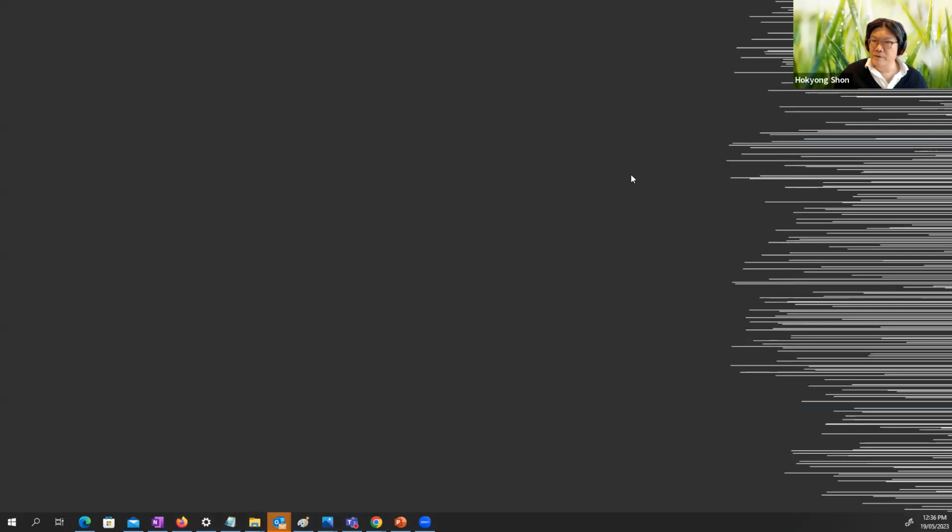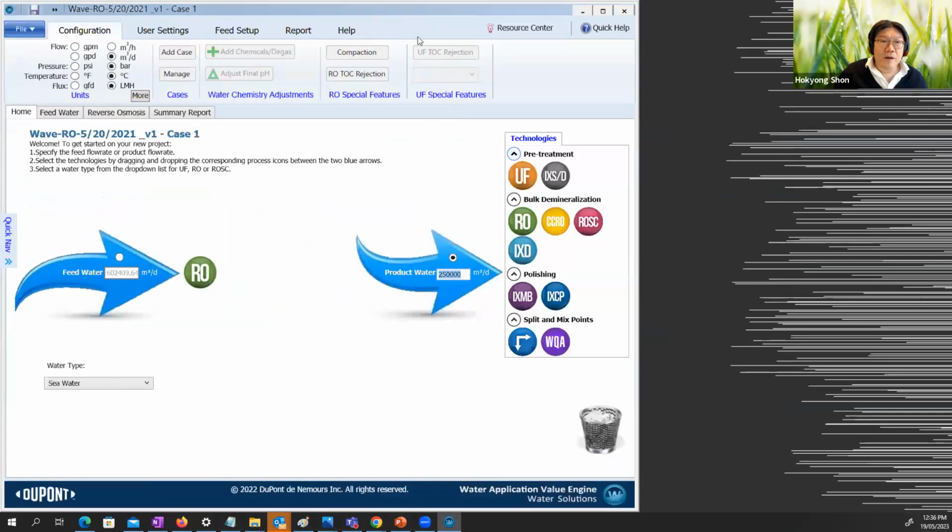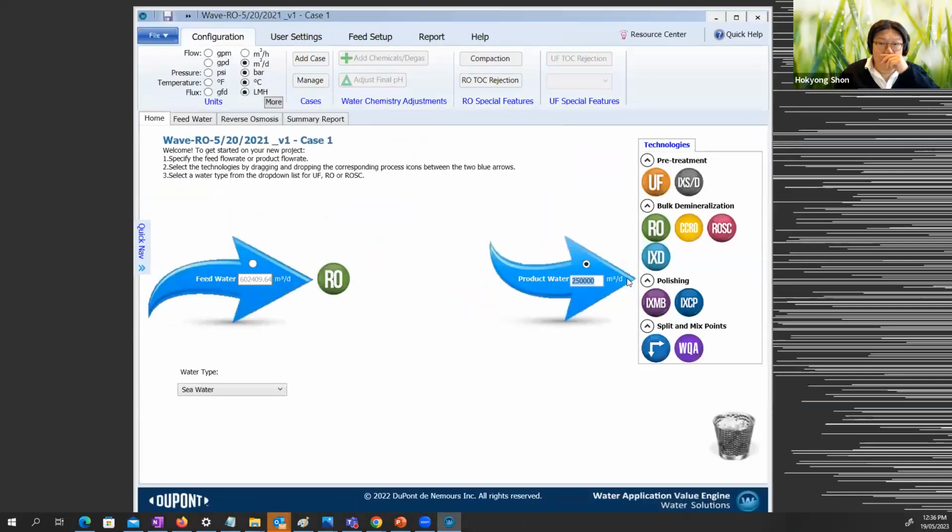I'm opening the different example file. Can you see this example file? Everybody can see this one? Yes, that's good.